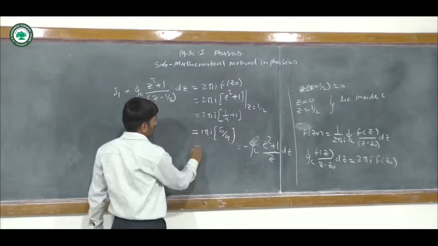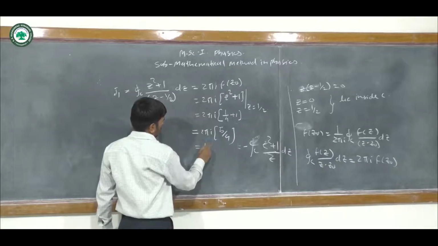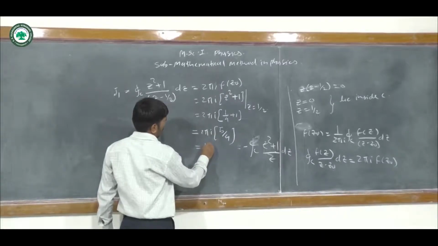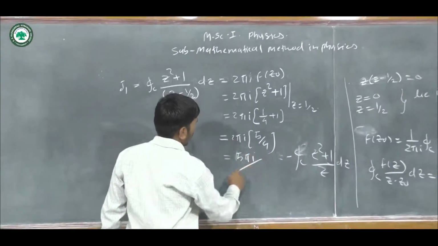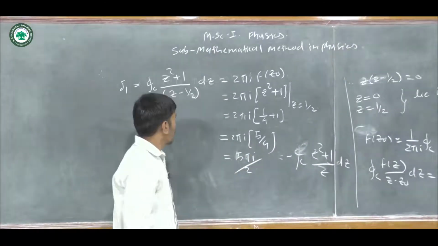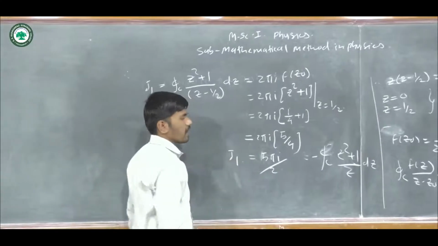So this is equal to 10 pi i divided by 2 as the result for I1, for the expression z square plus 1 divided by z minus half.